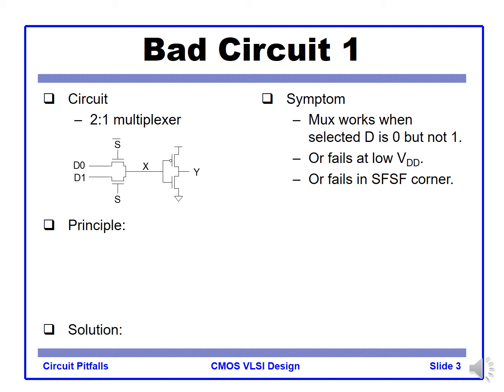But you know that a single MOS transistor is not good at passing VDD, especially if you have a very high VT device there. The high VT for NMOS happens at the SF corner, right? Slow NMOS and fast PMOS corner, it will fail because the VTH is so large.